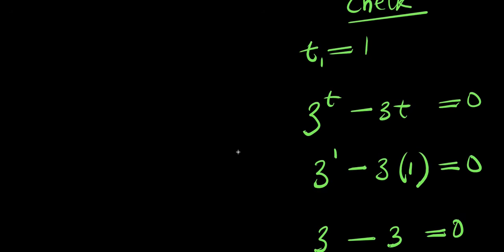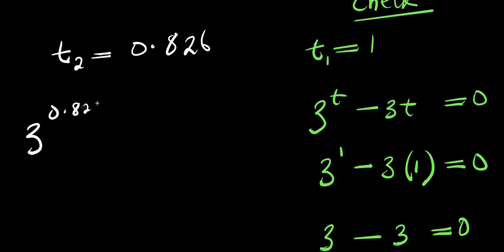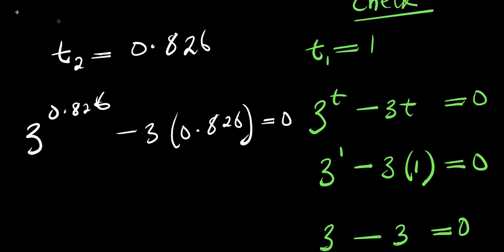You can go ahead and also test for when t equals 0.826. Go ahead and do that. That means you are going to have 3 power 0.826 minus 3 times 0.826. Will this give you 0? Now let's find out.